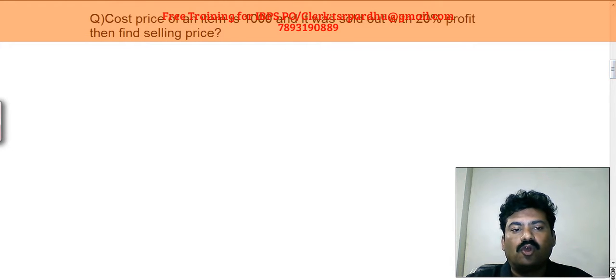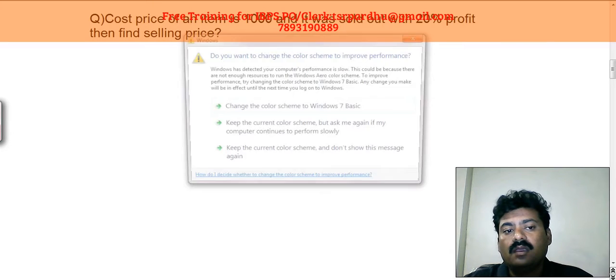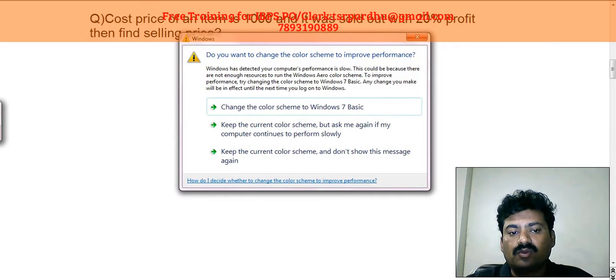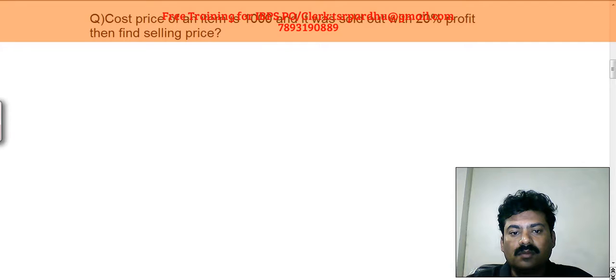So look into this problem. The cost price of an item is 1000 and it was sold out with 20% profit. Then we want to find out the selling price. In this example, the cost price has been given to you and the profit percentage has been given to you.